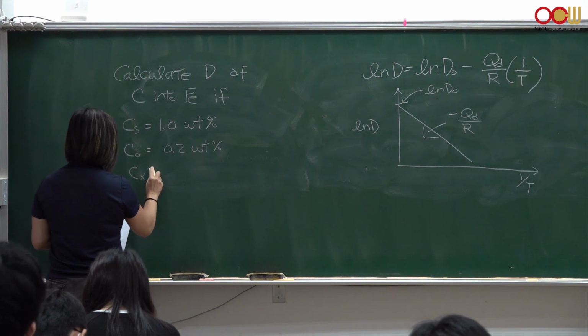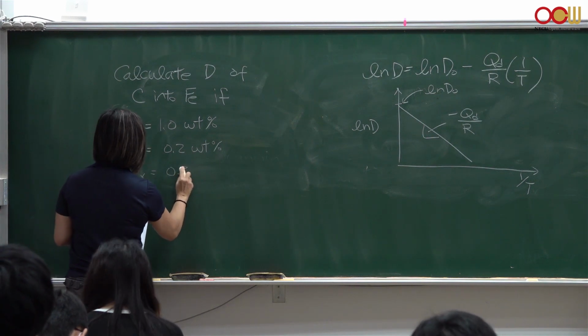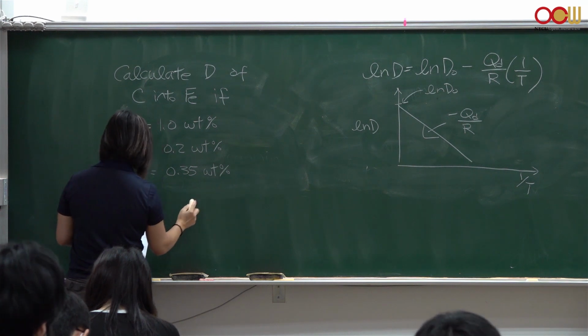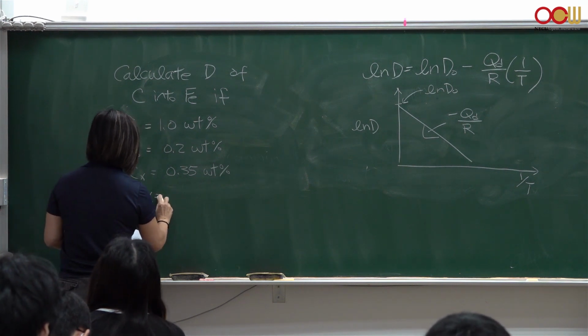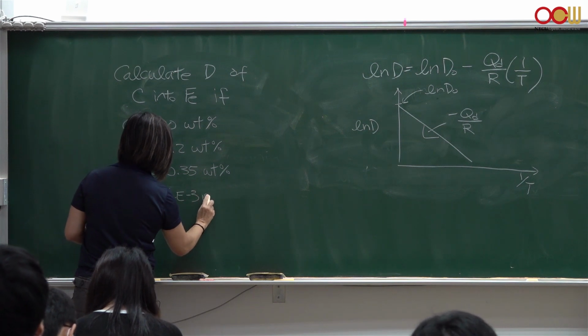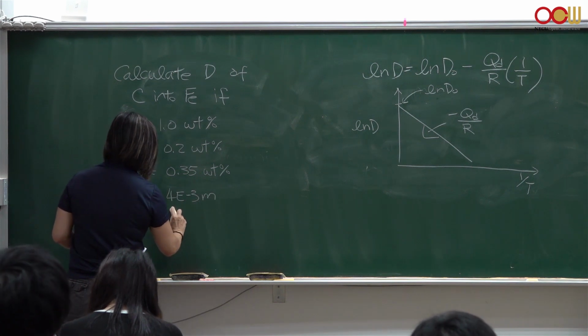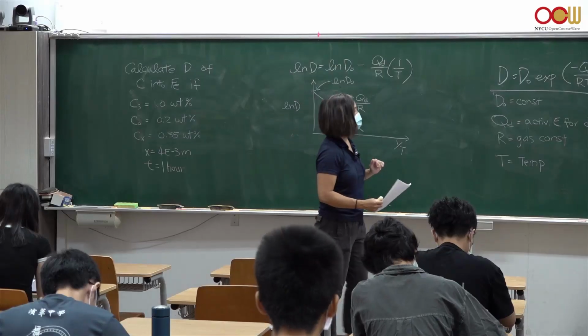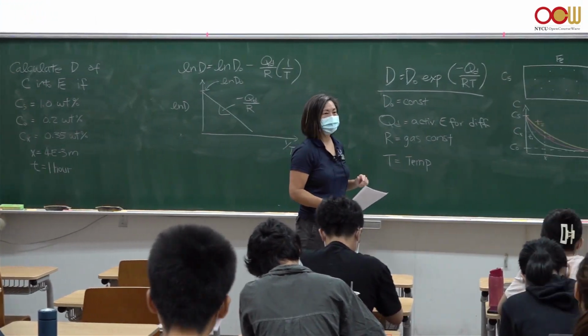And at some distance, you have 0.35 weight percent carbon. And that is at 4 times 10 to the negative 3 meters after 1 hour. So this is the information you're given. You're being asked to calculate D.